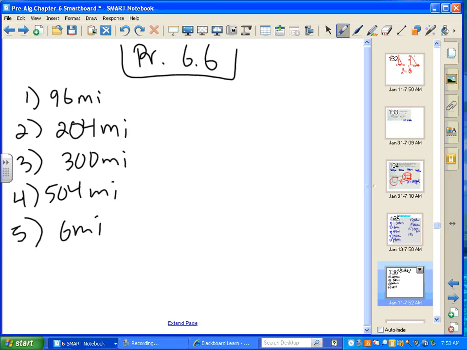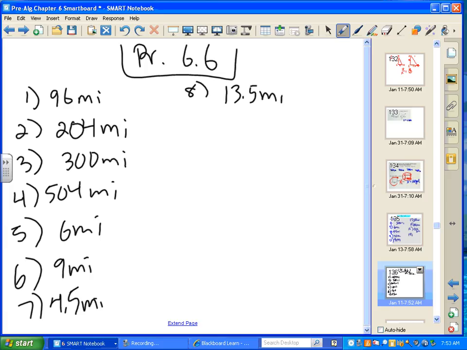Adam, number 7. Perfect. Emma M, number 8. Perfect. Donatus, number 9. Yes. Alyssa, number 10. Centimeters. But yes. Number 11, Matt. Good. Justin, number 12. Good.